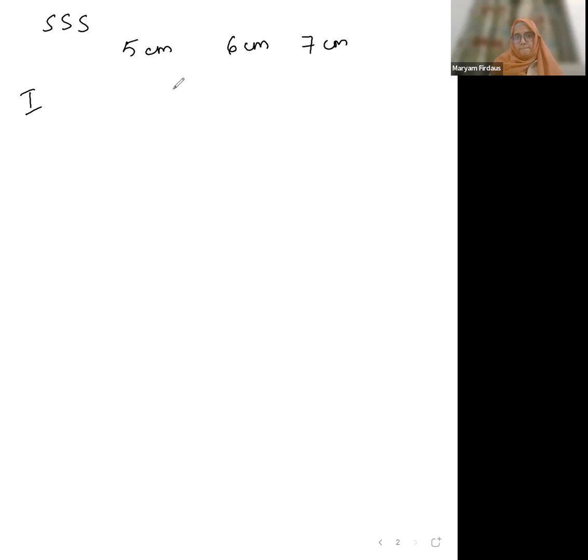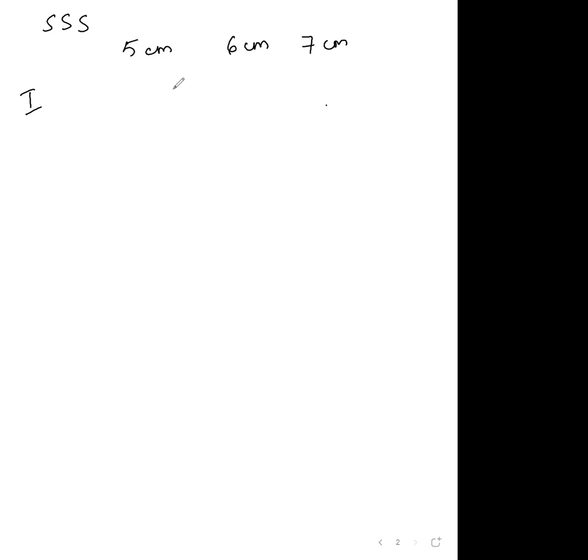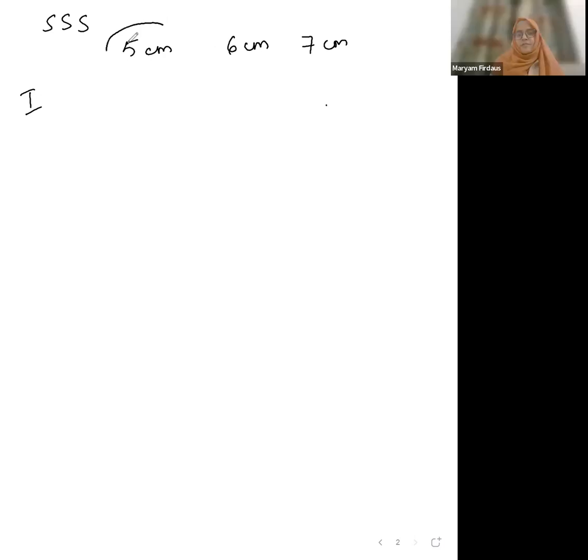Okay? A rough diagram of the triangle that we are going to draw. So you will draw a triangle like this, with 5, 6, 7. It's a rough diagram, so you don't have to draw it to scale.